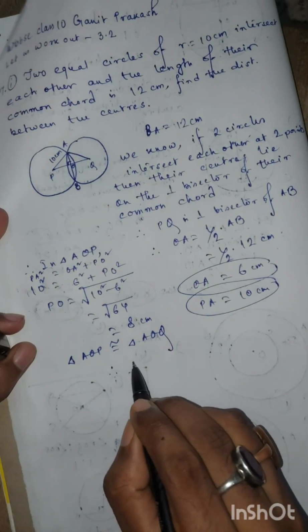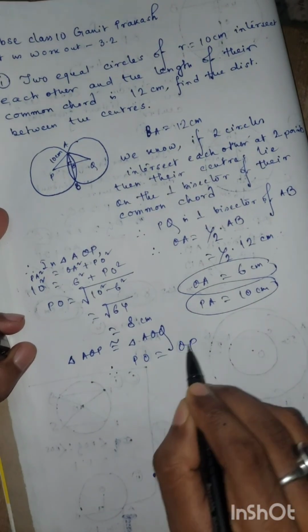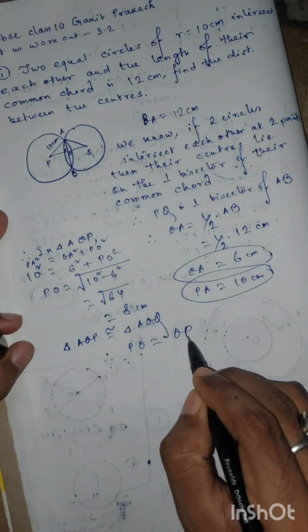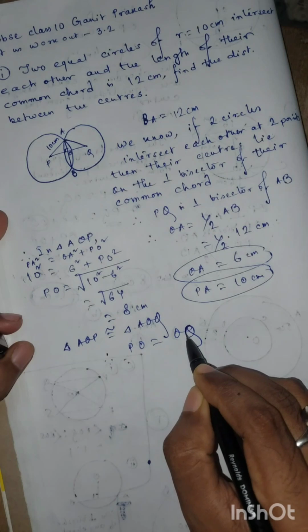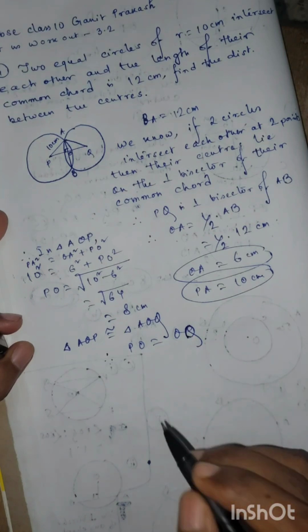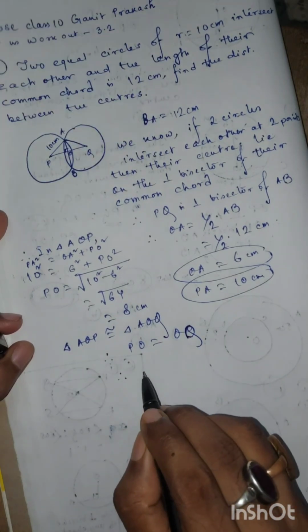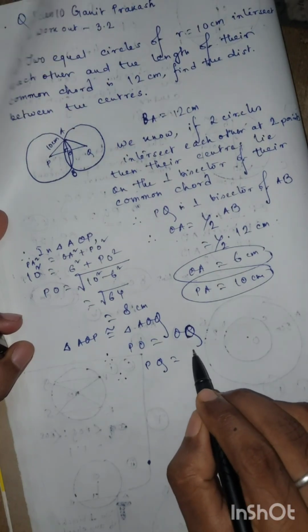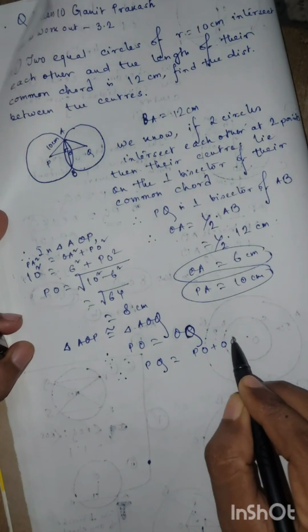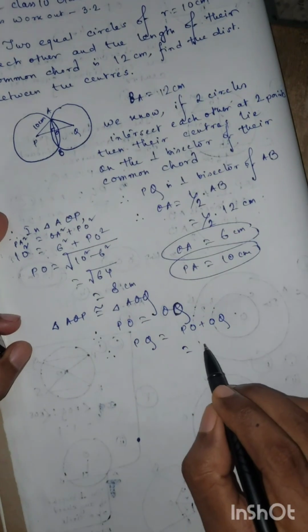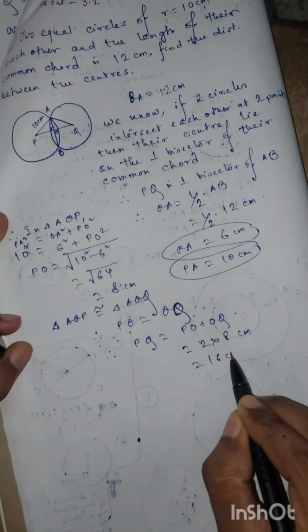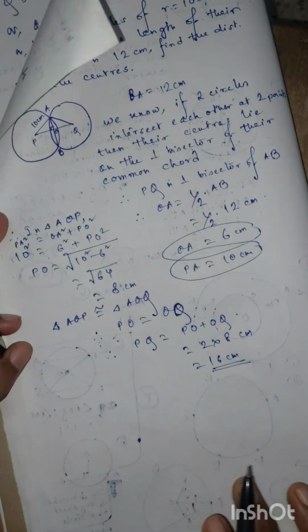Therefore, PO is equal to OQ. Therefore, we can say PQ is equal to 2 into 8, that means 16 centimeters. So this is our answer.